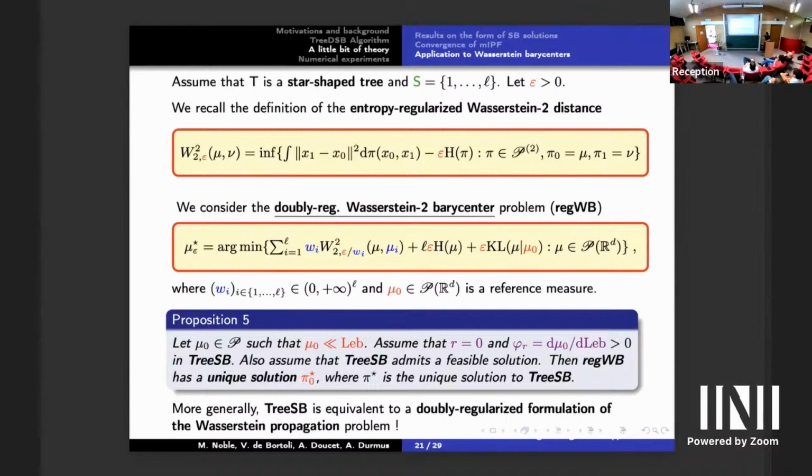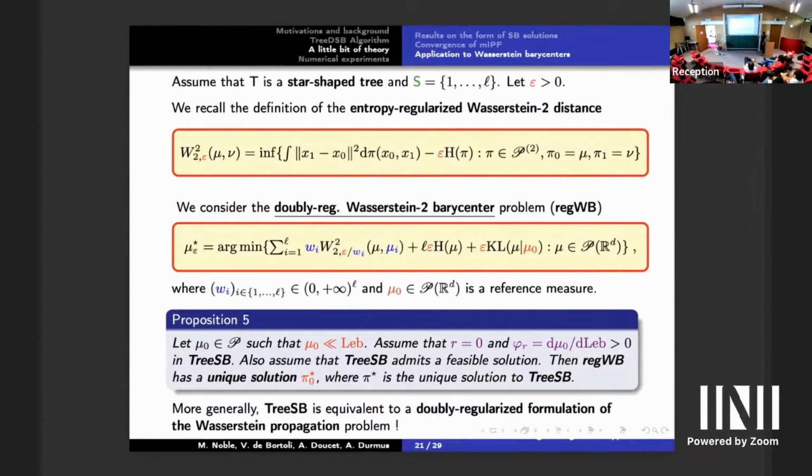And so this is where it gets interesting. If you consider R equals 0, so actually you take the central node for the beginning of your Brownian motion as the node where you want to compute the Wasserstein barycenter, and you choose the potential as some potential of a distribution mu naught, so you may think of a Gaussian distribution, for example.